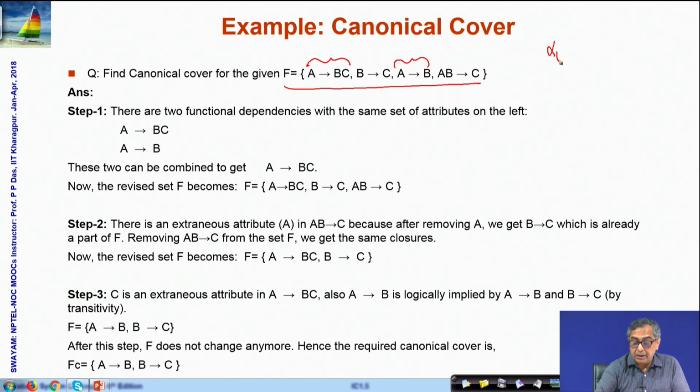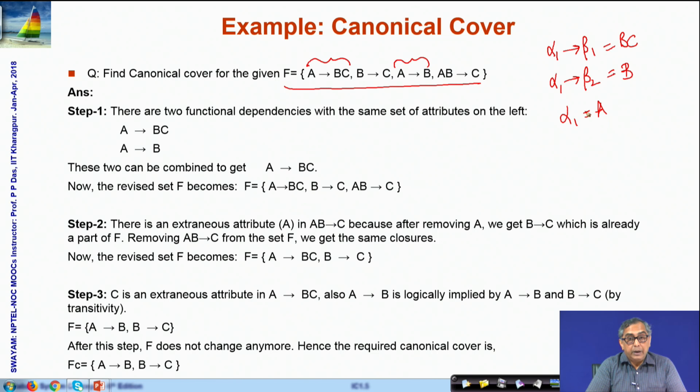So, this is alpha 1 determining beta 1 and alpha 1 determining beta 2. So, beta 1 is B C and beta 2 is B, and naturally alpha 1 is A. So, if we combine these two, then we get A determines B C, which actually already exists in the set.